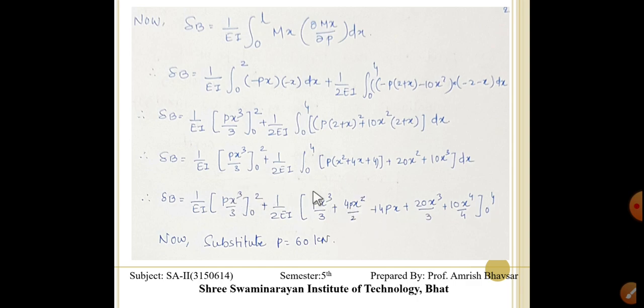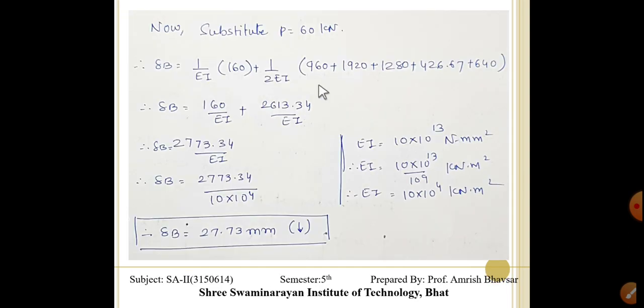Now here we have taken 60 kilonewton as P. So put the value of P as 60 kilonewton in this equation and put the values of x given here. From this we will get the values.